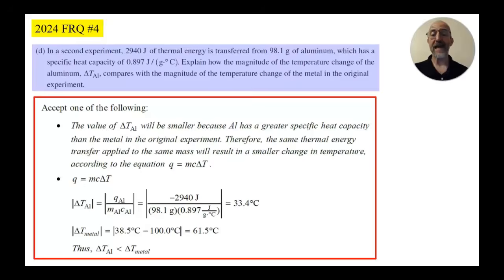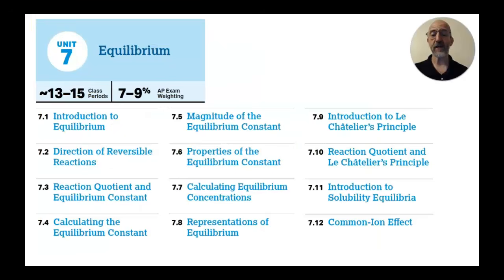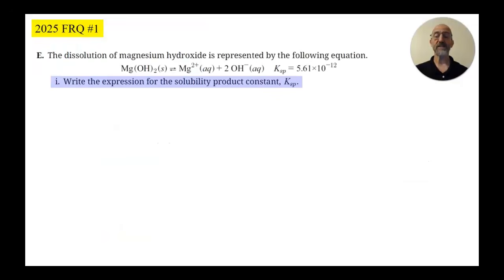All right, our next free response question will be for Unit 7, Equilibrium. Now, the first question that I would like to show you, this appeared on the 2025 AP Chemistry exam, and what we have to do is write the expression for the solubility product constant, or KSP, for magnesium hydroxide.